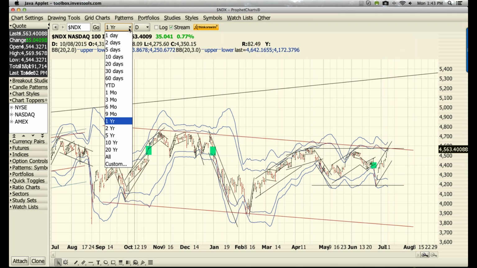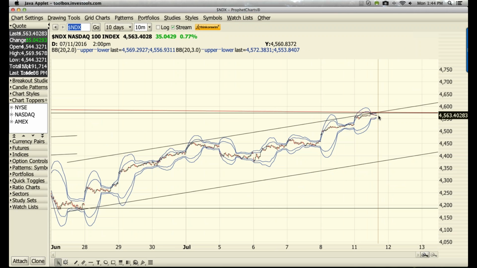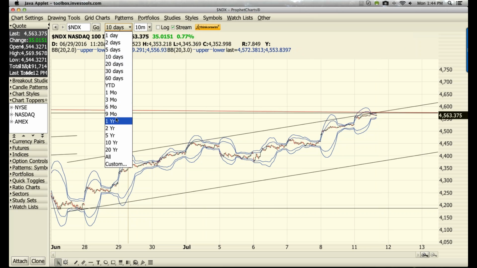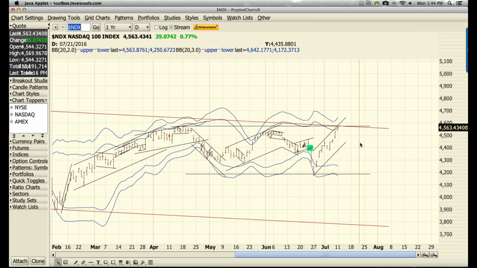Now you can see it pretty clearly when you drop down to a 10-day, 10-minute chart, and you see how we moved right up to that level and started to drift away from it. I wouldn't say we've moved away from it significantly yet, but the first hint of drifting away from it has started, and now we just have to wait and see whether we turn and head higher or whether we drift lower from here.